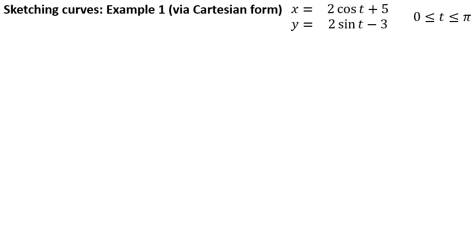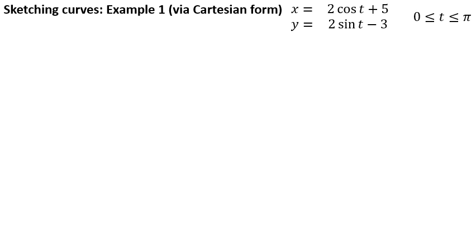We're going to look next at how we can sketch a curve which is given in parametric form. And it's a very common approach that people take when given a parametric equation and asked to sketch it. They want to convert it into their native language, to turn it into a Cartesian form with just x's and y's and sketch directly from that.